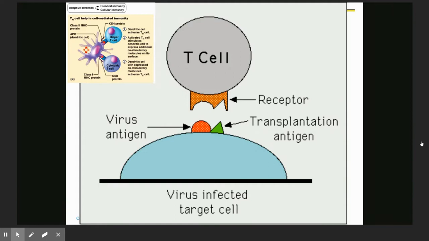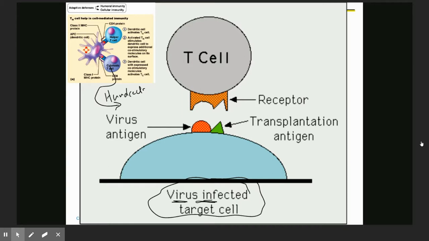So look, there's activation. We know about that. And then the T cell goes out. Remember, we're going to have hundreds of these. They're all going to look for the exact same antigen. Here's this body cell. Look, it's infected by a virus.